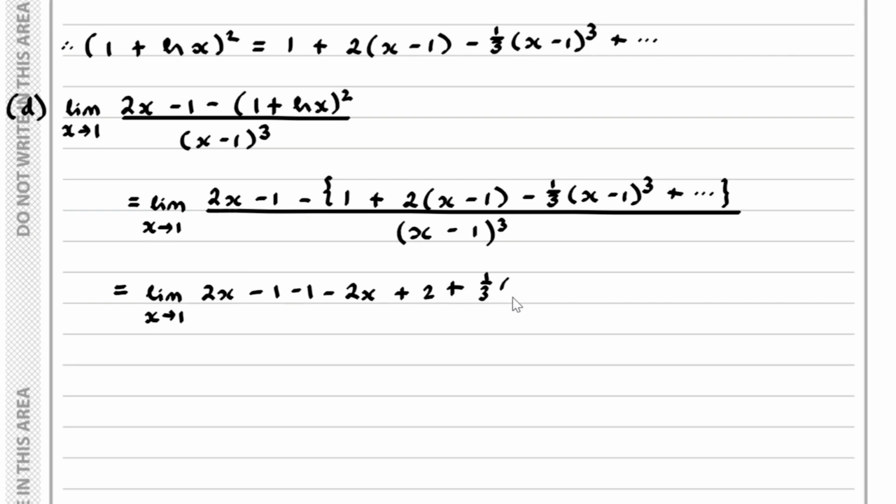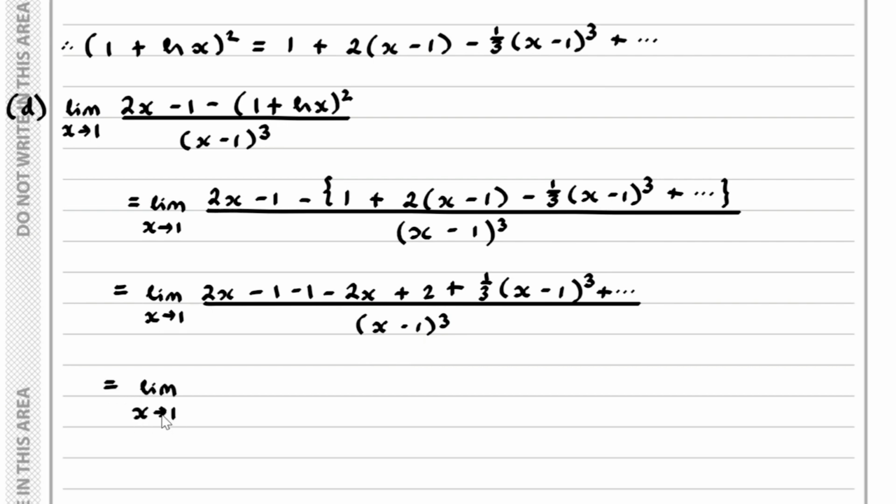So we add on 1/3 lots of x minus 1 all cubed plus higher order terms. And on the bottom, we divide by x minus 1 cubed. So we've got the limit as x tends towards 1.